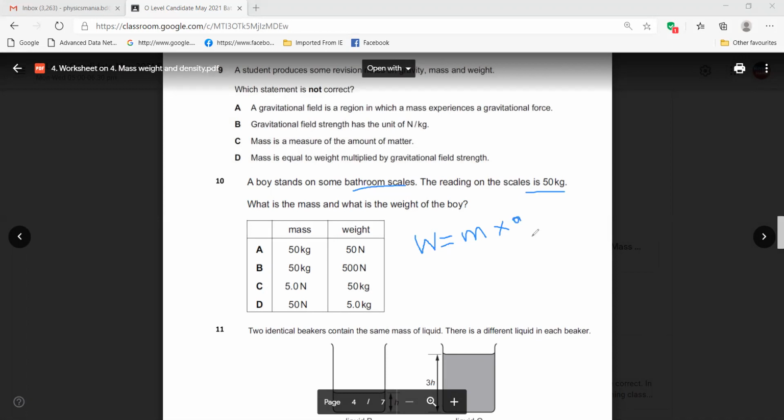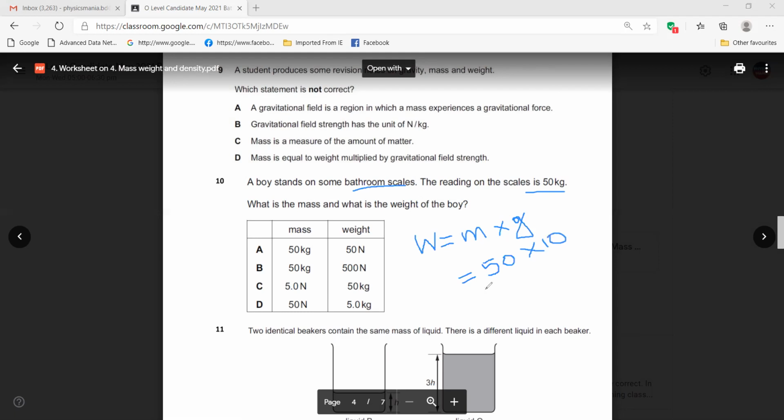And your g is how much? g is not given there, but it is on bathroom scales, right? Yes. So it's on Earth. So it should be 10. There is no bathroom on Mars or any other place.